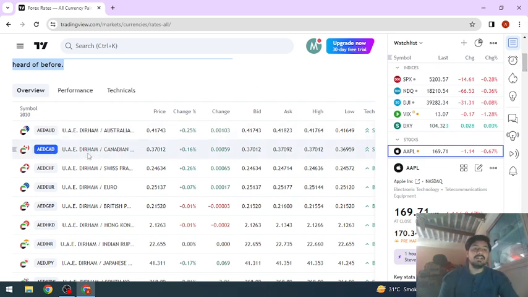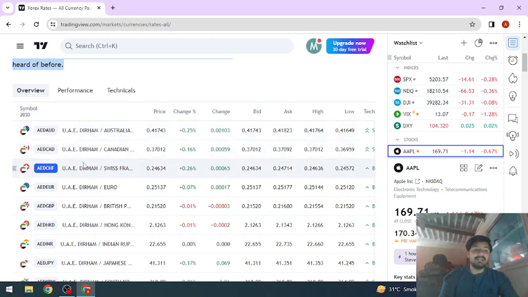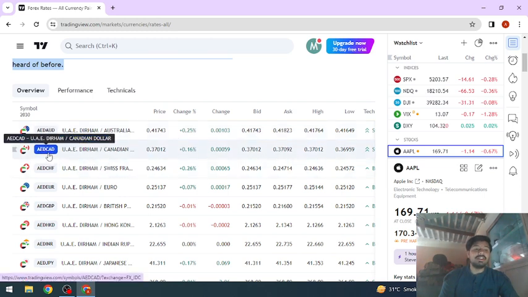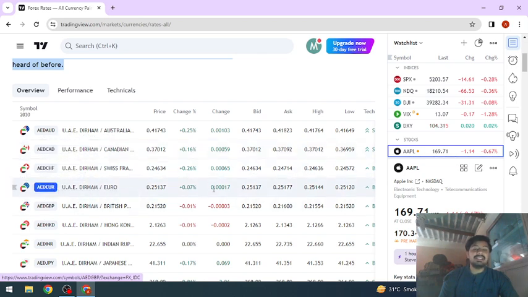So this is the UAE dirham and Australian dollar, 0.43. Basically these are the currency pairs, Australian dollars and Canadian dollars.